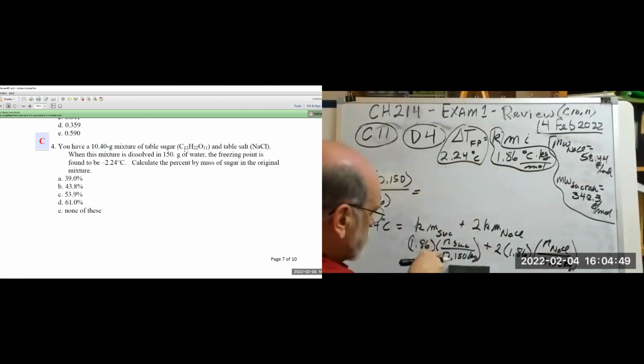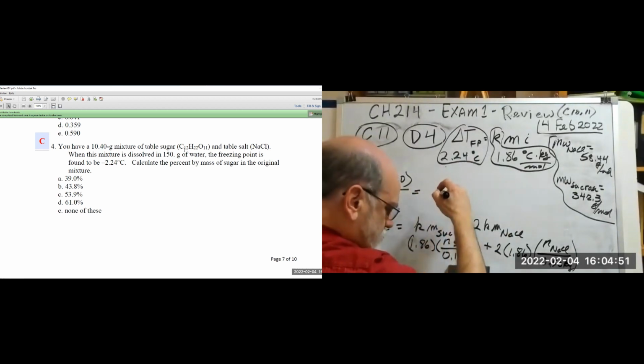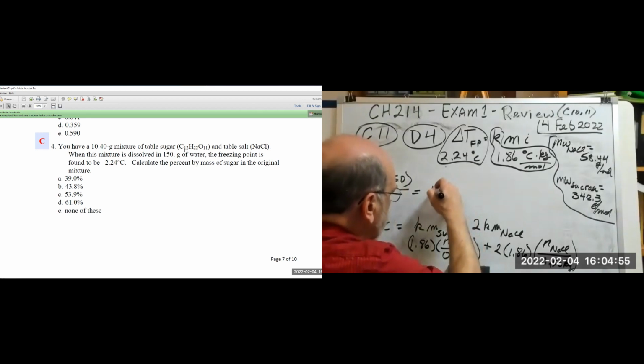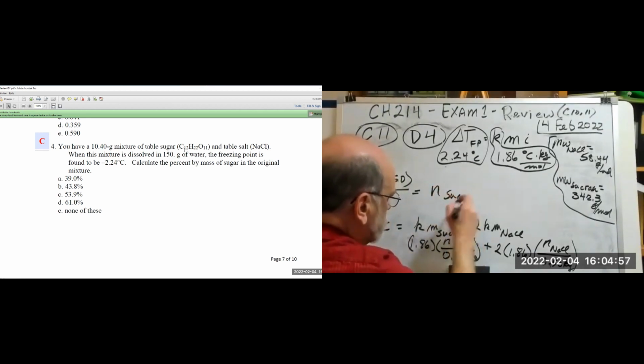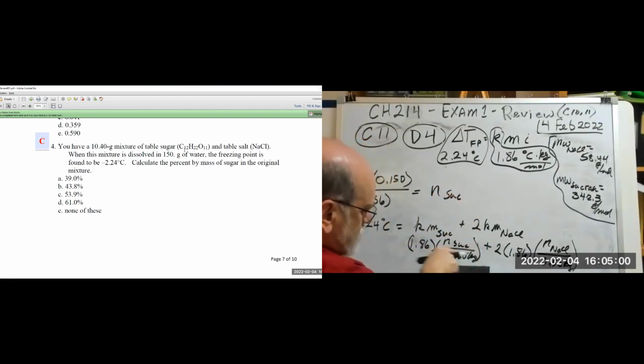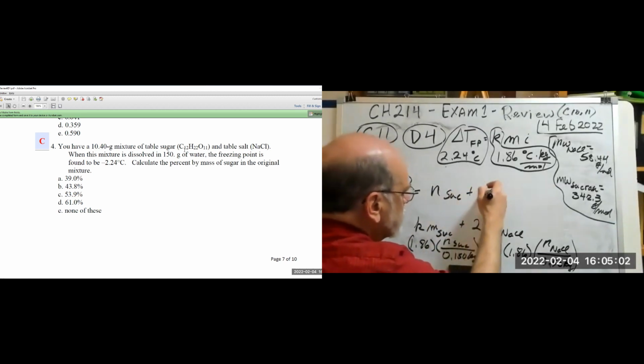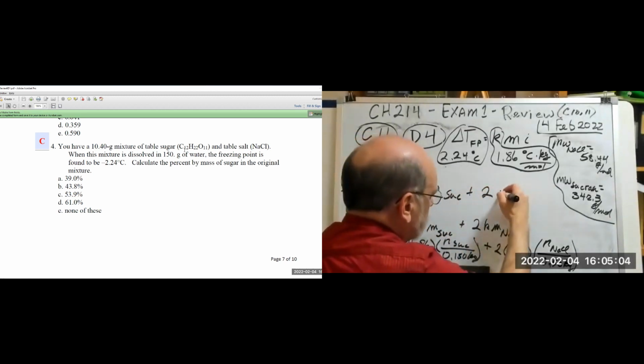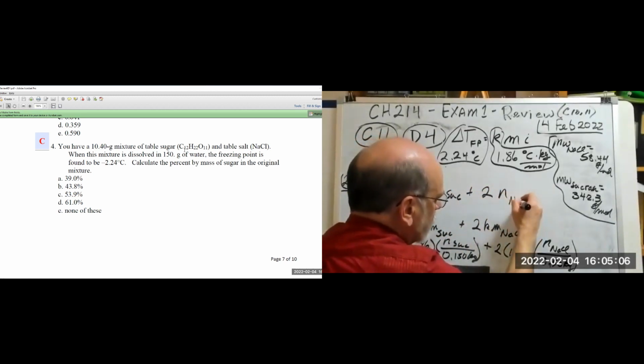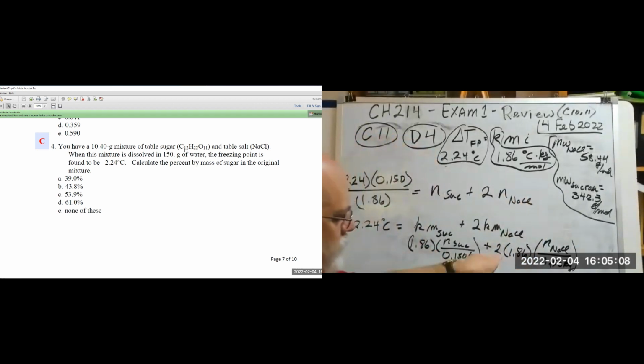And that's equal to moles of sucrose here, plus 2 times moles of sodium chloride. Now, I couldn't factor the 2 out because I don't have a 2 over here, but I got a 1.86 and I got a 0.15, so I factored that out, put it on this side.